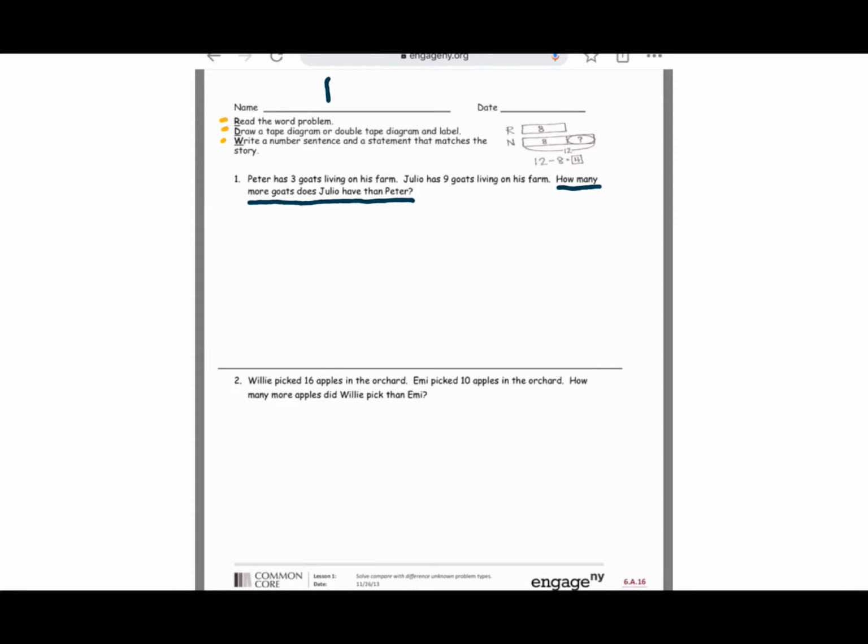And when we read this question, now we want to write a statement. We want to change the question into a statement. So the statement is going to be, one of the names of the characters is Julio. So we'll say, Julio, we're going to write a statement. Julio has blank more goats.